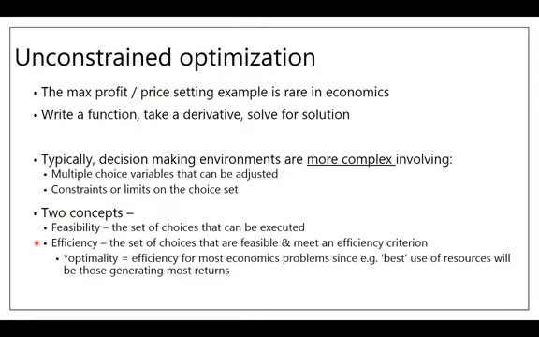And then there's a second concept called efficiency, and judgments on efficiency require some criterion. So we look at all the feasible choices, everything that's available to us, and typically we can reduce that set down to some that meet a stricter criterion, that says these are better than some others based on this criterion.